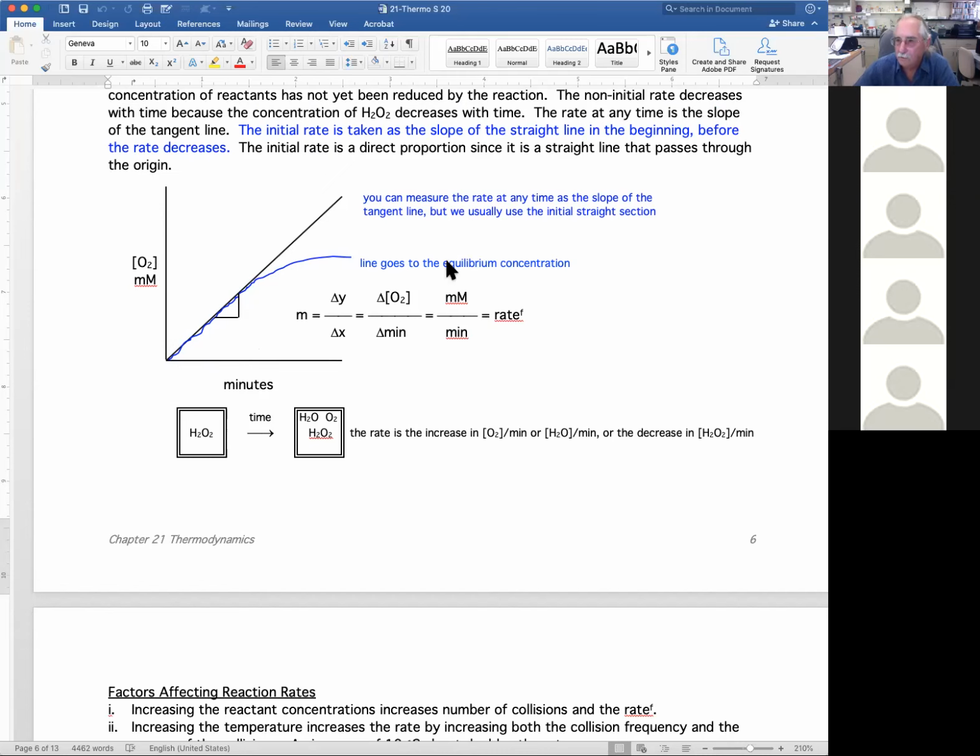But what I'm interested in is the initial rate, this straight part right here. So I take the initial rate by drawing a straight line through that first several points. And then what is the slope of that straight line? It's the change in y divided by the change in x. In this case, it's the change in millimoles of oxygen produced per minute, which is the rate.